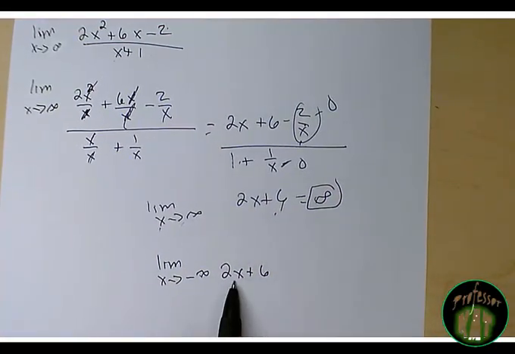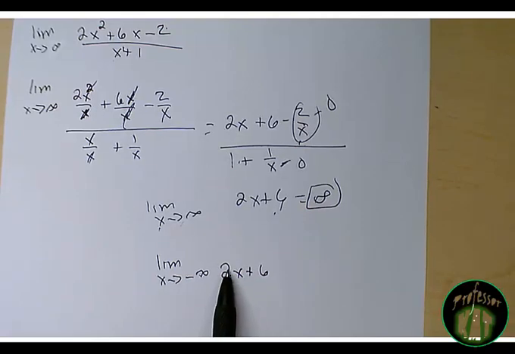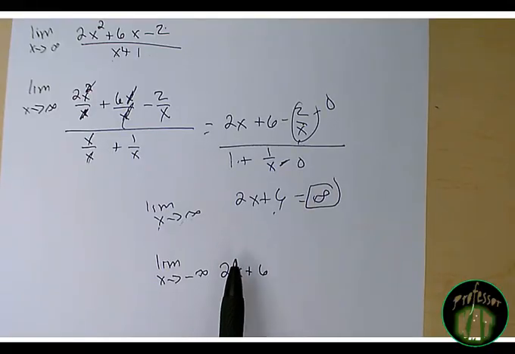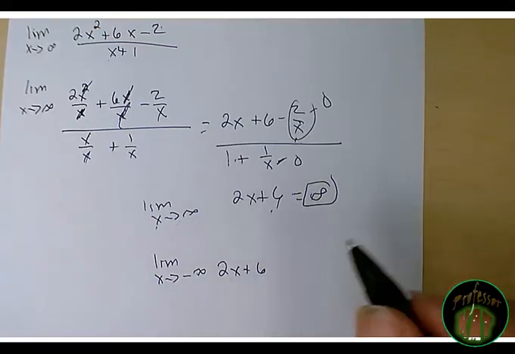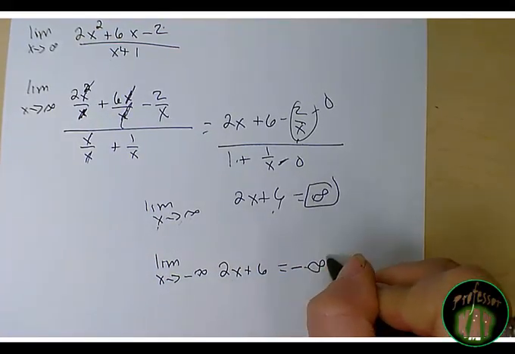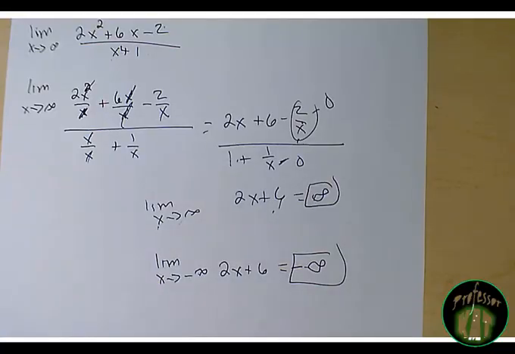If we plug in negative infinity, think negative 100 billion, a negative times a positive is going to be a super large negative number. It doesn't matter if we add 6, it's still really negative. So the limit as x approaches negative infinity is negative infinity.